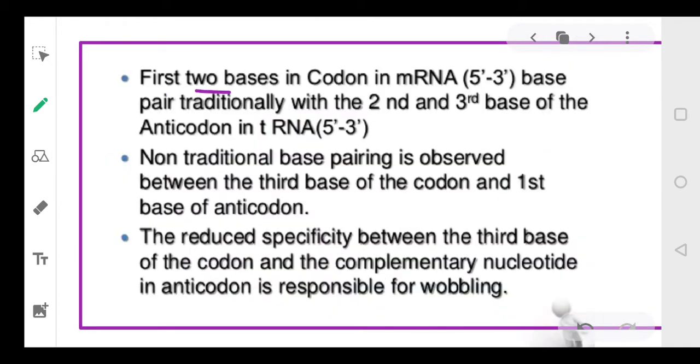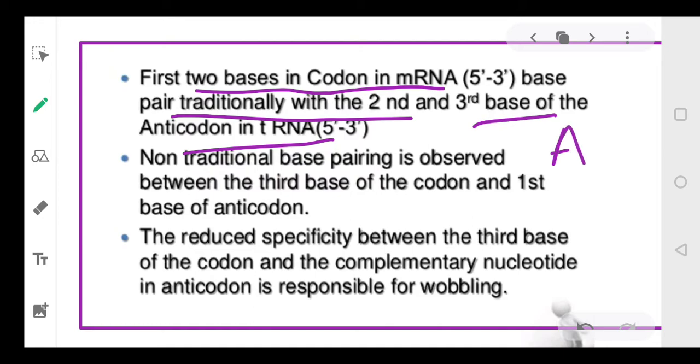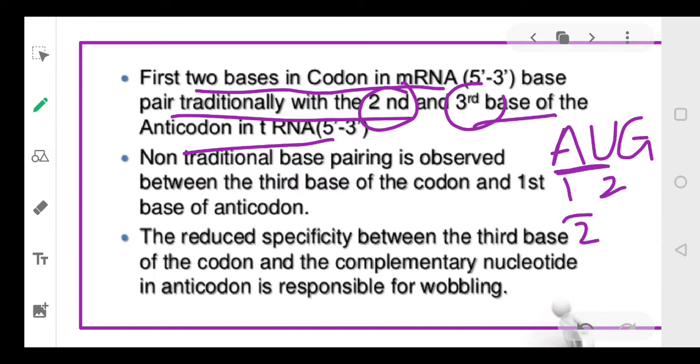Now, first two bases in the codon in mRNA, they pair traditionally with the second and third base of the anticodon, right? अगर हमारे पास AUG है, सपोज करिए ये हमारे पास एक कोडोन है, ठीक है, तो इसके जो फर्स्ट टू बेसिस हैं, ये 100% tRNA के सेकेंड और थर्ड बेस के साथ पेयर होने चाहिए ट्रेडिशनली. ठीक है, सो दिस फर्स्ट एंड सेकेंड विल बी पेयर्ड विद सेकेंड एंड थर्ड.